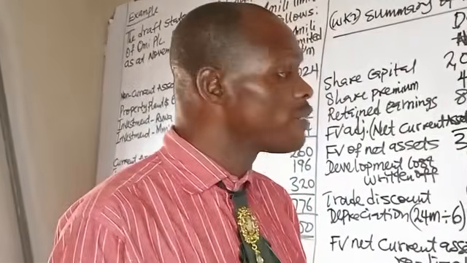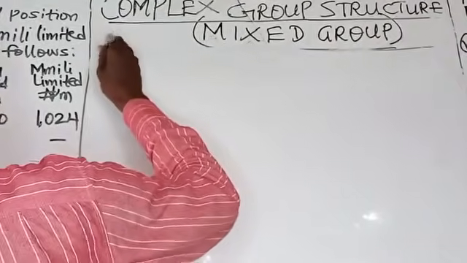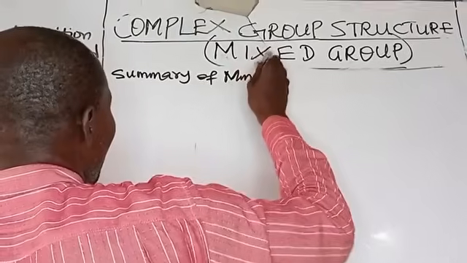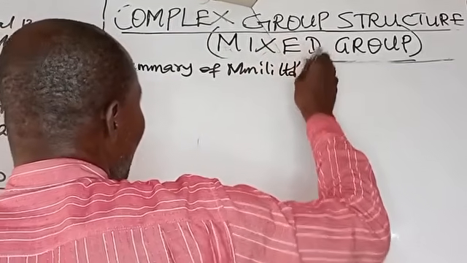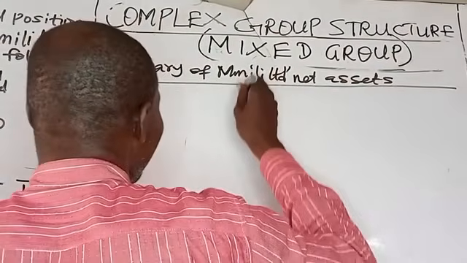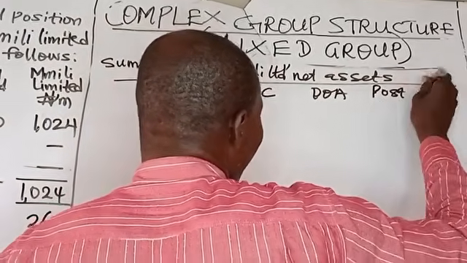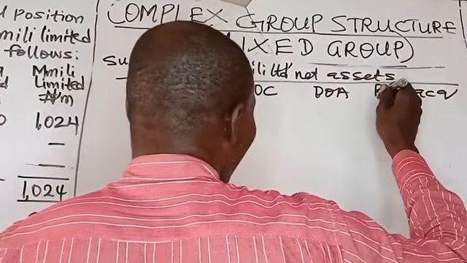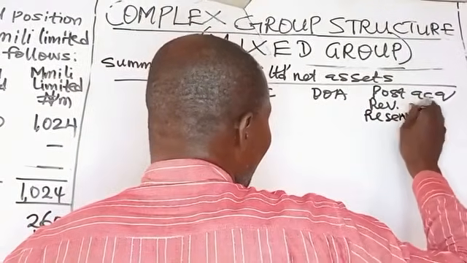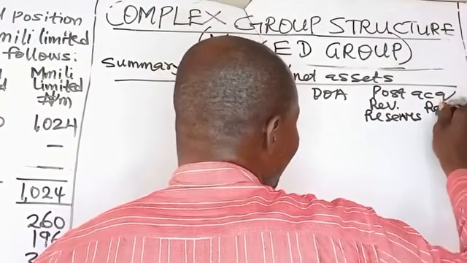Let's also have the summary of net assets of Millie Limited. Summary of Millie Limited's net assets. So we have DOC, DOA and post acquisition. So we have revaluation reserves. Then we also have retained earnings.